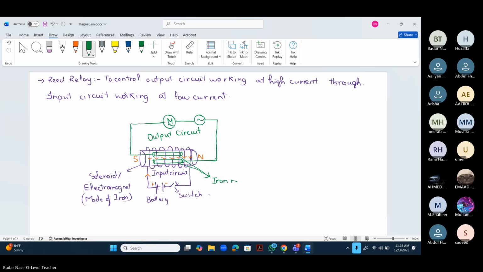Okay. Beta, when you pass the DC current through the input circuit, both the electromagnet and the iron reeds are strongly magnetized.